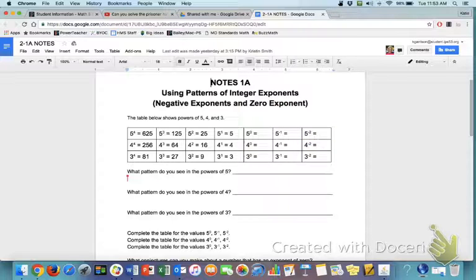Okay, now let's try the 4s. 4 to the 4th, 256. 4 to the 3rd, 64. 4 squared is 16. 4 to the 1st is 4. So 4 to the 0 power. Think about if this number was divided by 4, what would you get? I hope you got 1.